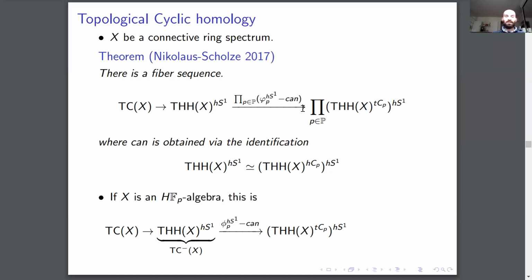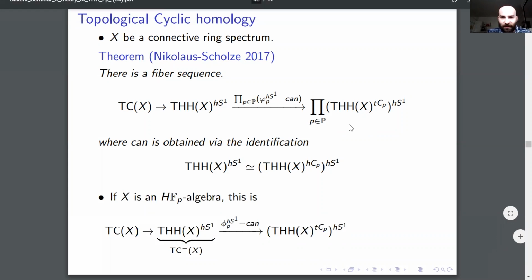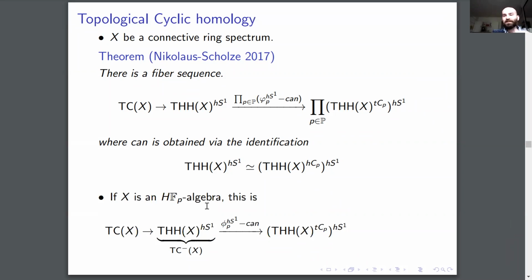So if X is an HFP algebra, looking at this fiber sequence, it may look like a hell because you are taking a product over all primes. But this is a common thing in homotopy theory: you want to fix a prime and invert all the primes except that one prime, like taking completion.